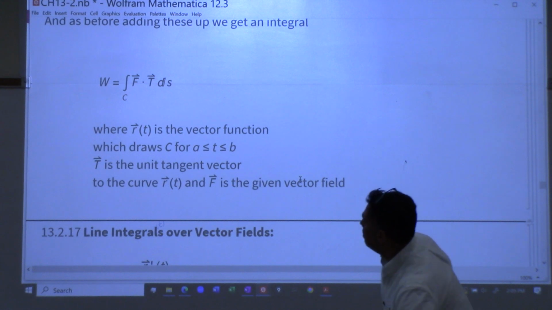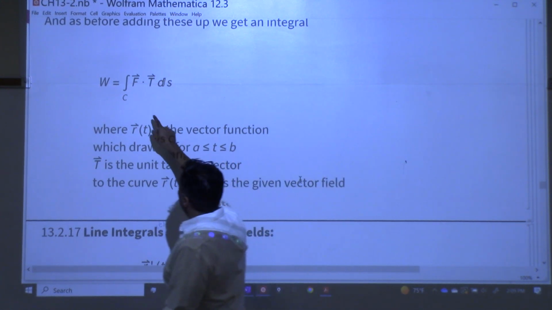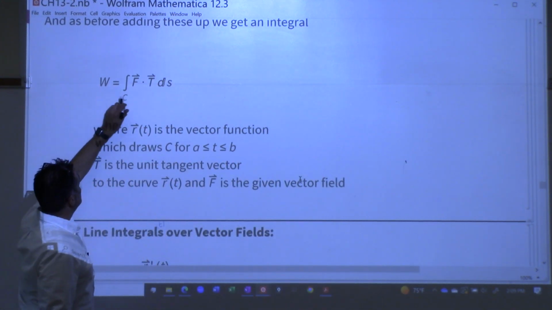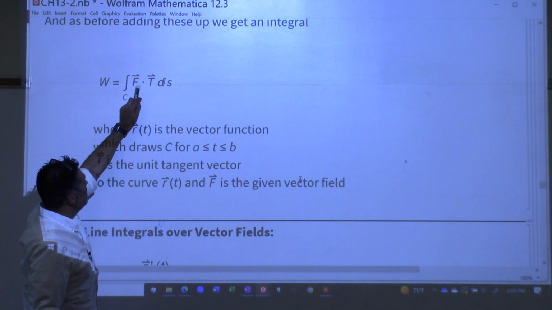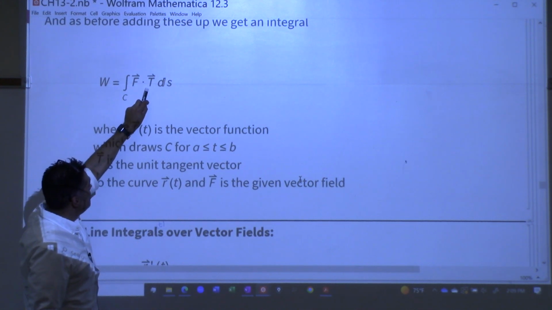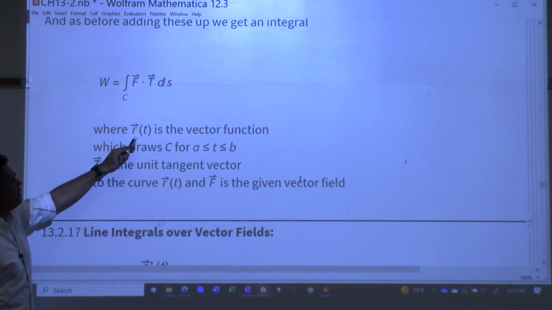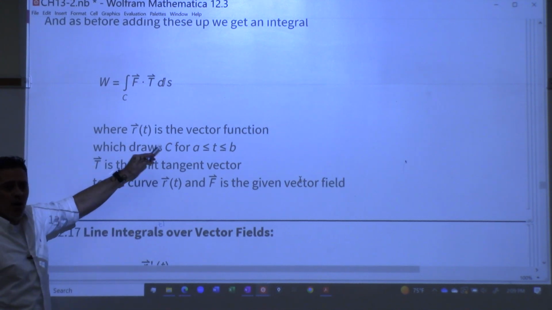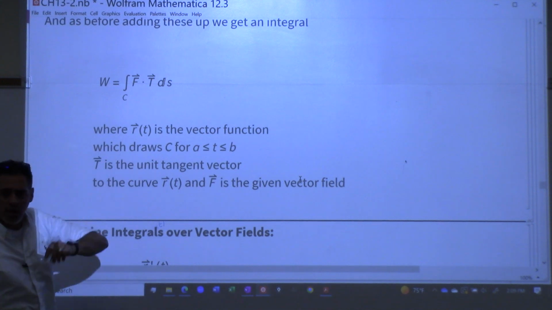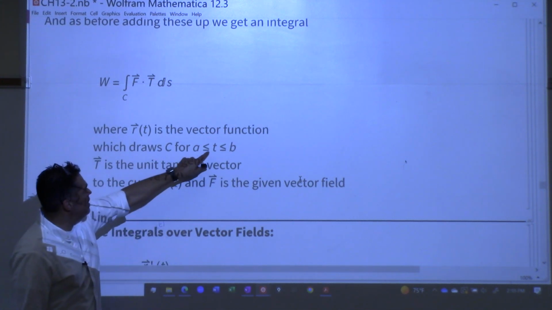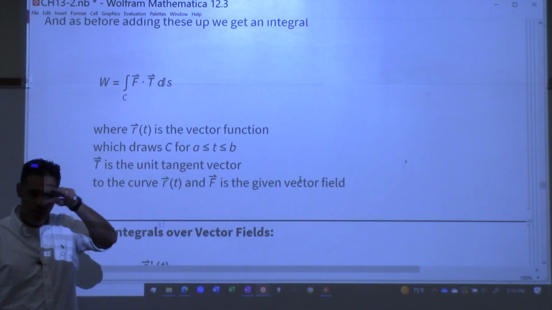So this is our formula for work. It's the dot of F, the field, and the unit tangent vector, with the arc length formula. r of t is the vector function that draws the curve, and t is restricted between a and b. So we draw, start, stop.